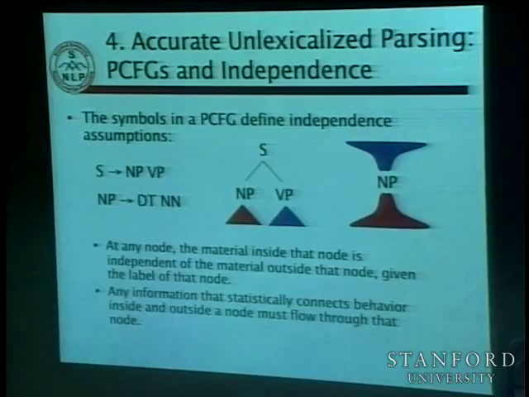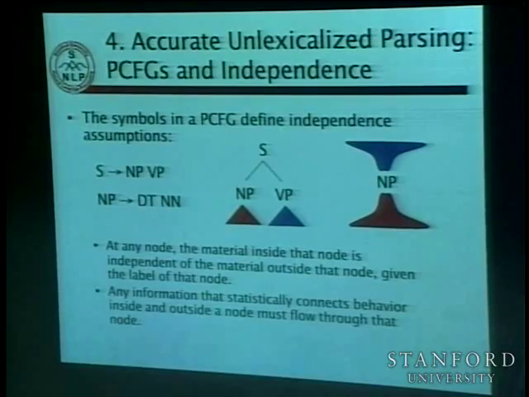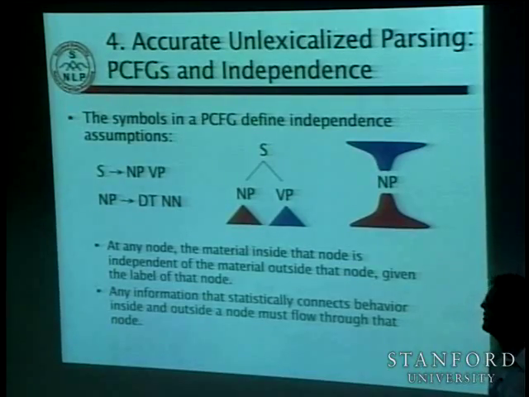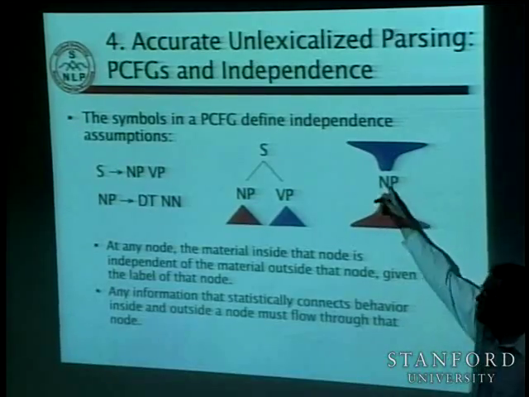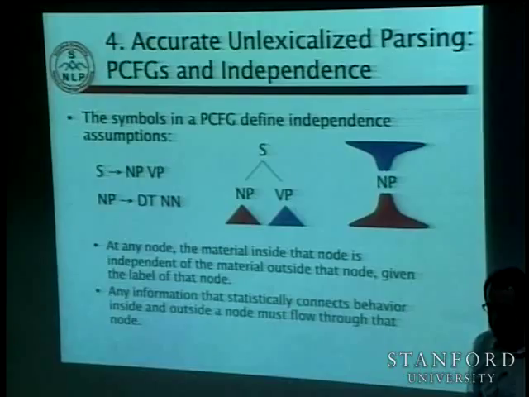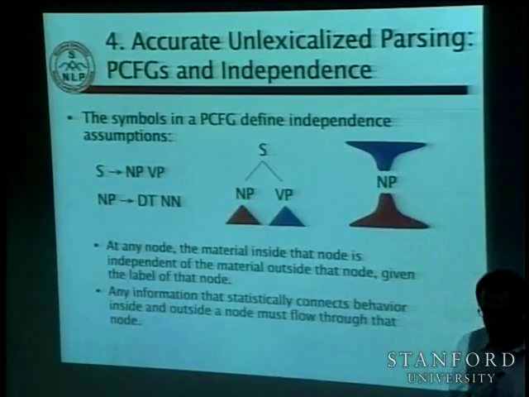Okay, well, if we want to fix that problem, how can we fix it? The obvious way, which is used both for lexicalized grammars and the stuff that I'm going to show you right now, is, what if we just put more information here? Suppose we said not just that this was a noun phrase, but that it was a noun phrase with a prepositional phrase modifier, or that this noun phrase was a pronoun.